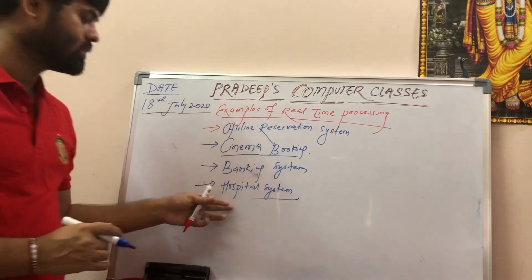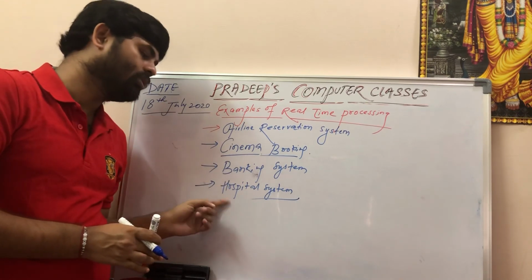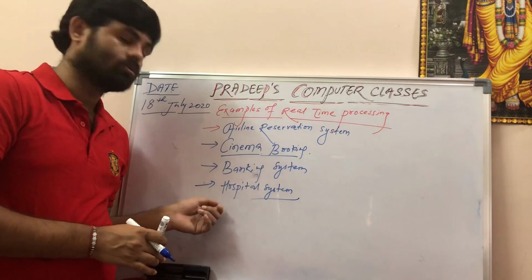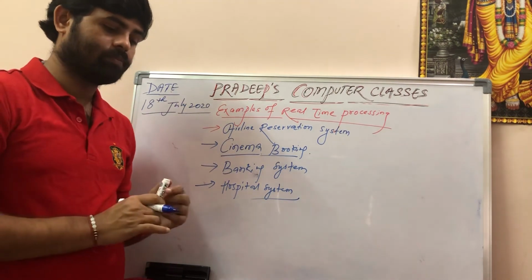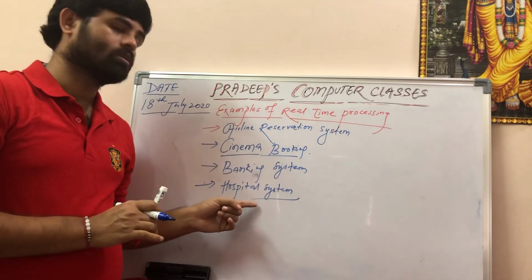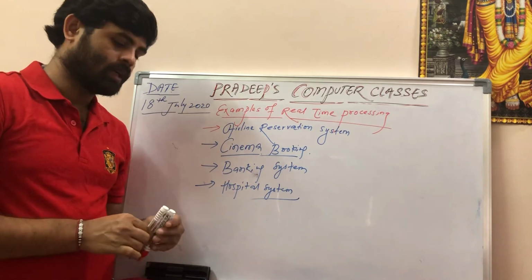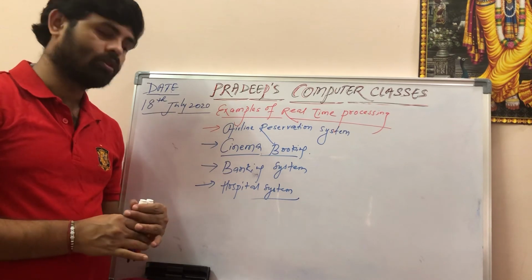See, the hospital system might or might not come in real time, but if you are using software in a hospital for a critical patient, real-time processing is needed. It is not like an emergency patient goes to the hospital and the hospital says, give the data, I will give the bed tomorrow.